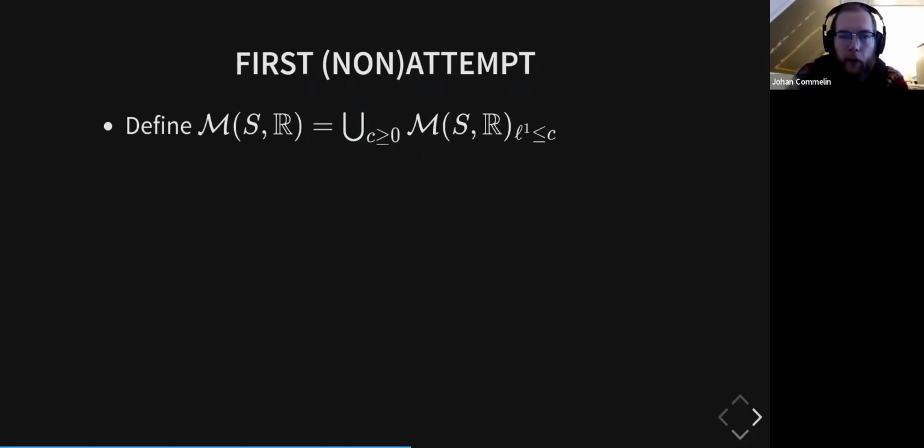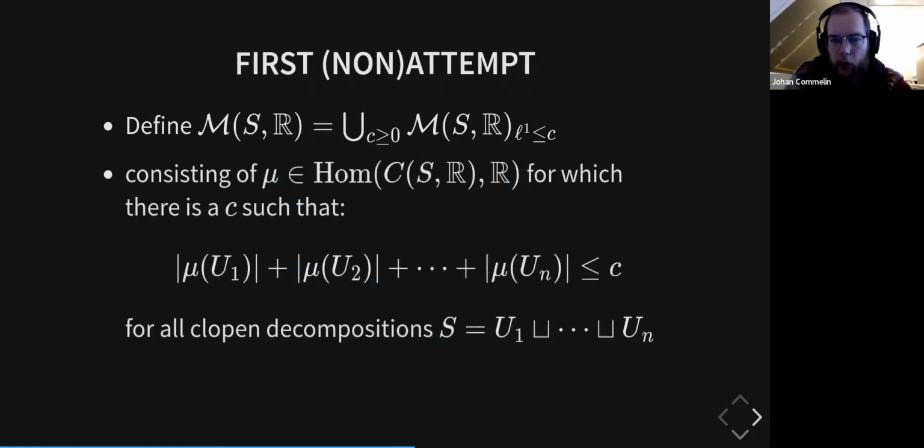So anyway, let's try the first attempt, and let's try to do the same thing. We say, okay, we're going to define a space of real valued measures on S, and it's going to be all the candidates of measures that are actually bounded.